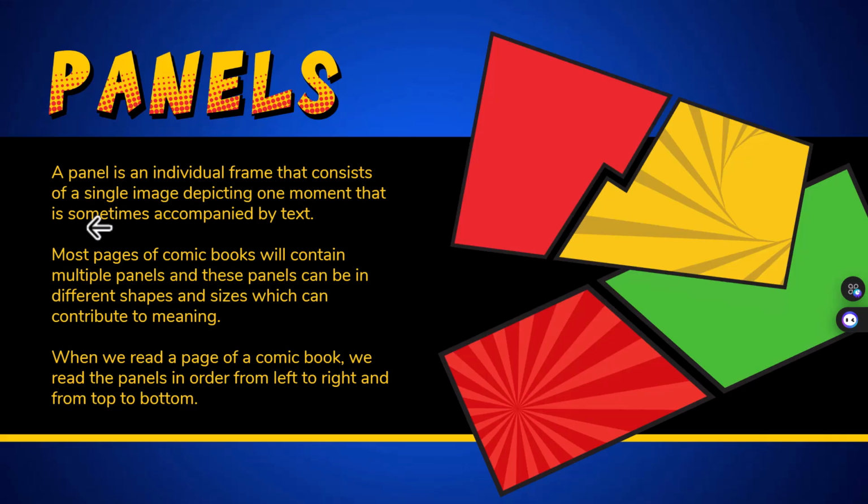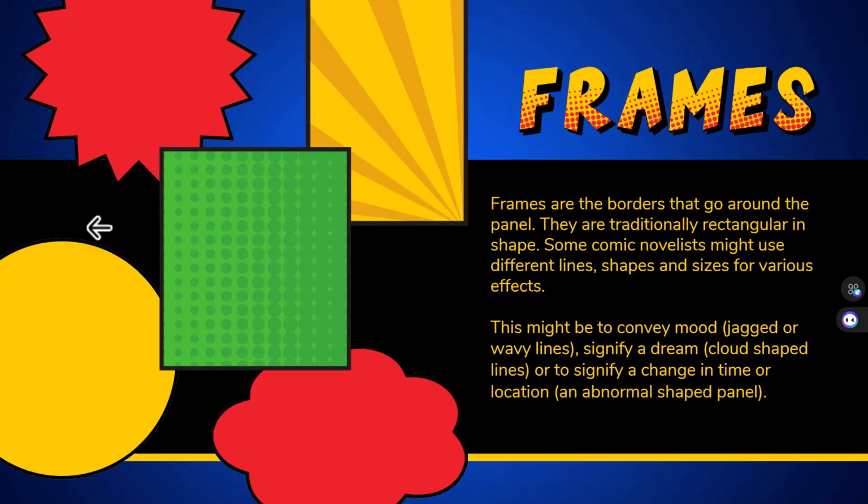I'm going to show you what a panel is and how you could create a panel, of course. The next thing you should know aside from panels are frames. Frames are the borders that go around the panel. Each panel comes with a frame. It's more like a border or an outline if you are used to design. As you could see from something like this, a panel could be something like this, and the frame comes right here, which is the border.